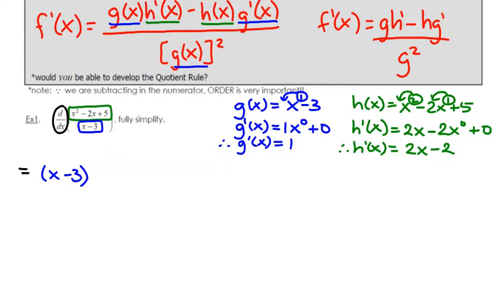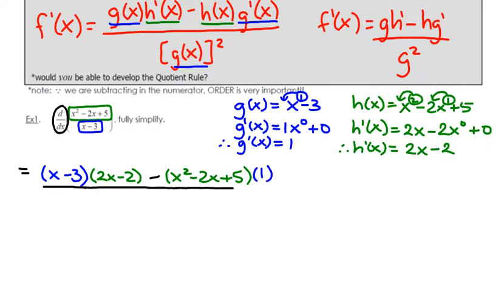Multiplied by h prime of x, and that's what I found on the right-hand side in green. Okay, and then subtract h of x, which is our numerator, x squared minus 2x plus 5. All right, and then we're going to multiply g prime of x, which we found right above, which is 1. I'm going to put that all over g of x squared. Okay, so that's this.